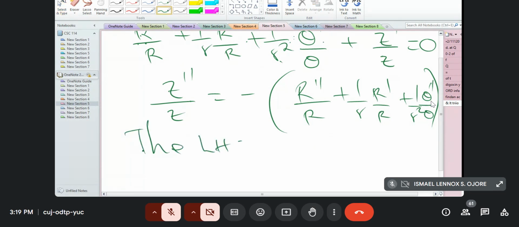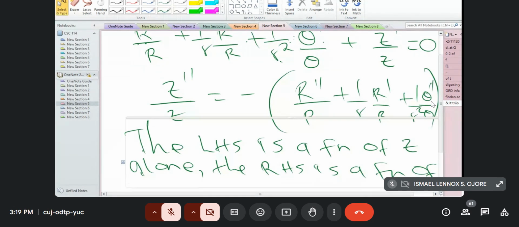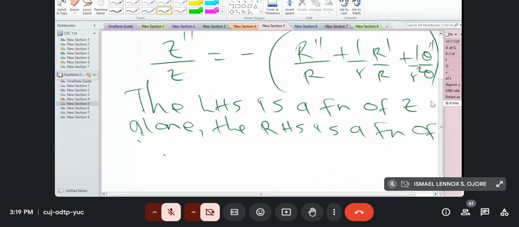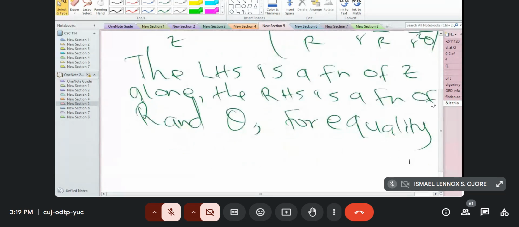The left hand side is a function of z alone. The right hand side is a function of r and theta. For equality to hold, we equate both of them to the same constant.